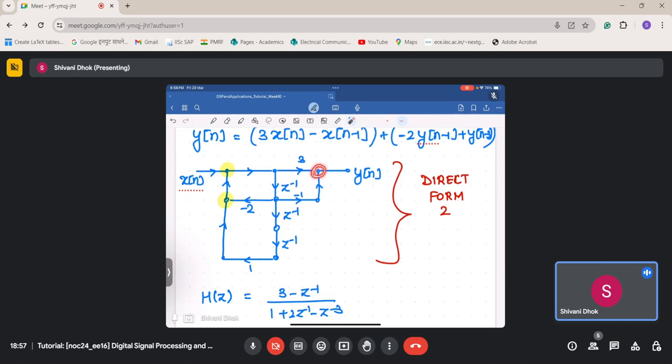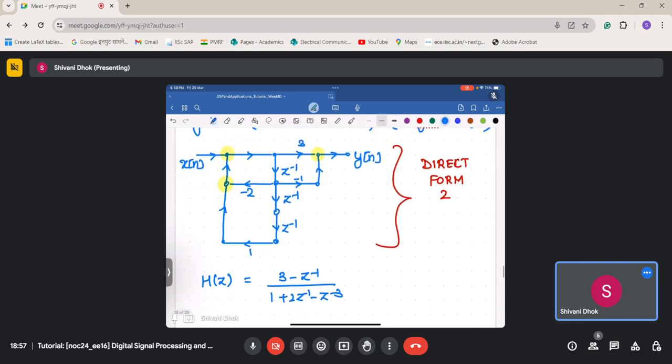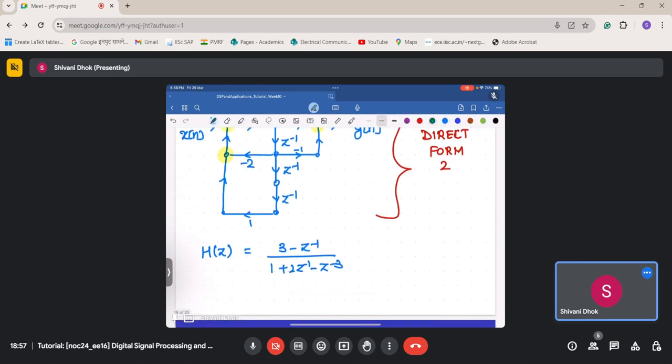Now this is the last node that we need to check. We have this particular branch coming in and this particular branch also coming in. So we are having 2 branches coming inside this node and 1 outgoing branch, which means that this node is again an adder. So therefore we have 3 adders.